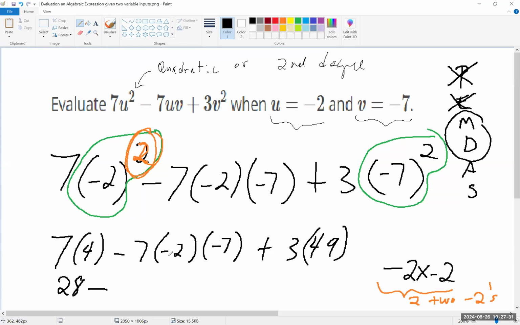And then -14 times -7. I find it easier actually to use commutative property. So I'm gonna multiply the 7 and the -7, which I know is -49. And it's easier for me to multiply -49 times 2.